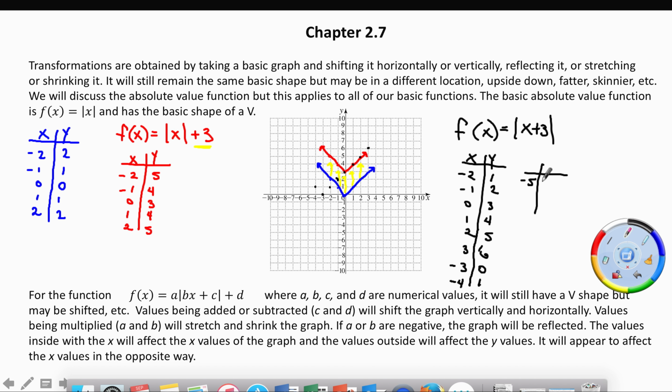Negative 5 plus 3 is negative 2. Absolute value of negative 2 is positive 2. Negative 5, 2. If I were to plug in negative 6, I would get negative 3, and the absolute value of negative 3 is 3. Negative 6, 3. Now I see my V shape.